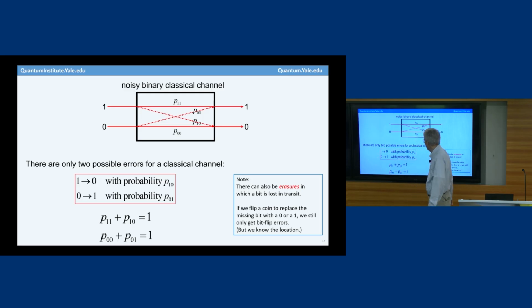Okay? And so what's Bob going to do? He knows he was supposed to have received a bit at this moment, and he didn't. Well, the best he could do is flip a coin and just say, okay, it was a 0 or 1. Either that's correct, or it's the bit flip error that we talked about before.